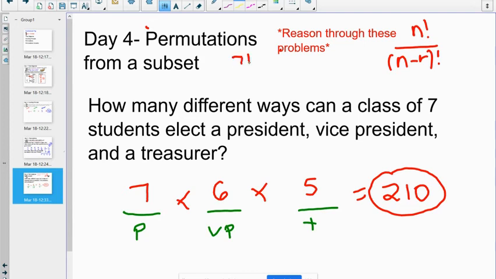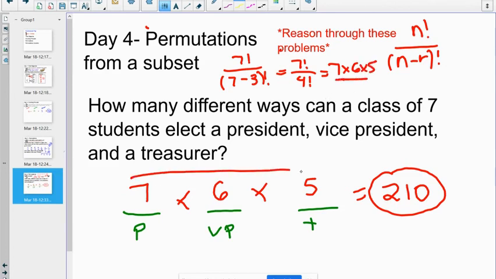So we have 7 factorial over 7 minus 3, since we're filling 3 spots. That's 7 factorial over 4 factorial. We're only writing down the first 3 numbers of 7 factorial, which is equivalent to what we just did, and it gives you that same answer, 210.